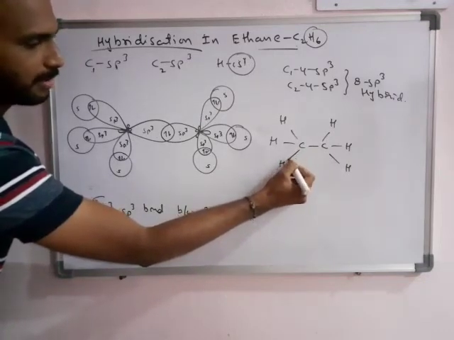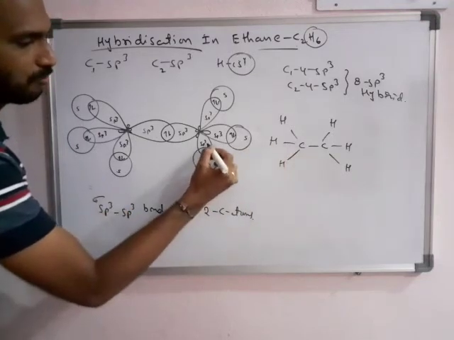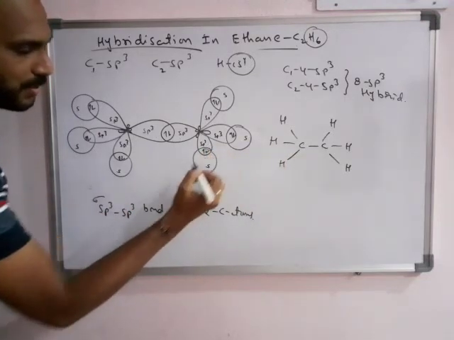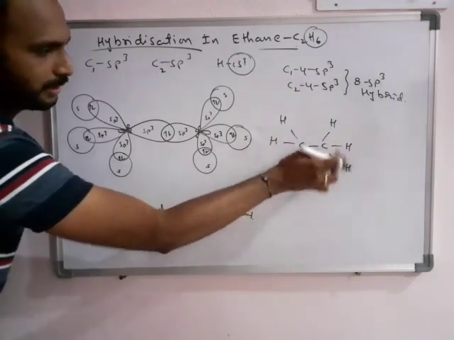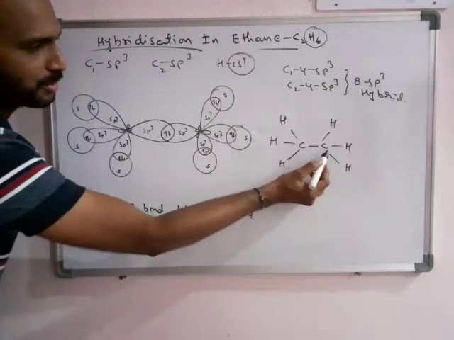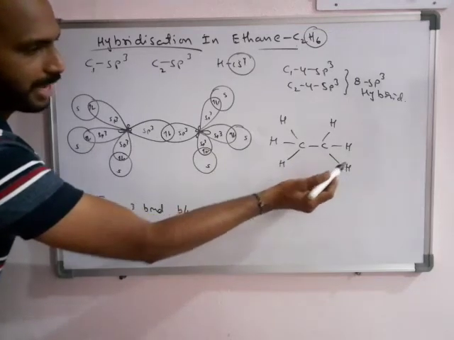So what is the nature of these bonds? This bond is a sigma sp3-s bond, sp3 of carbon, s of hydrogen. The newly formed 6 bonds are all equal, formed due to the overlapping of the sp3 of carbons and the s orbital of the hydrogens.